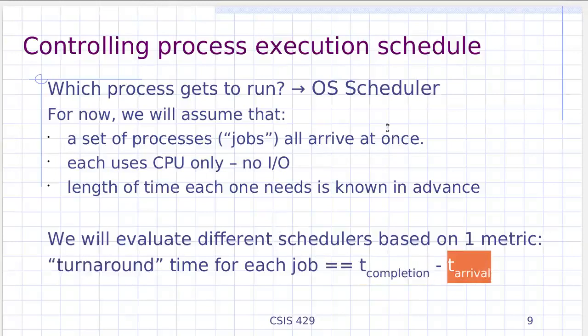If they all arrive at once, at time 0, then the turnaround time for a job is whenever that job finished. Each job will have a separate completion time, and later on we'll see that each job will have a different arrival time too. Okay, that'll be in the next part.